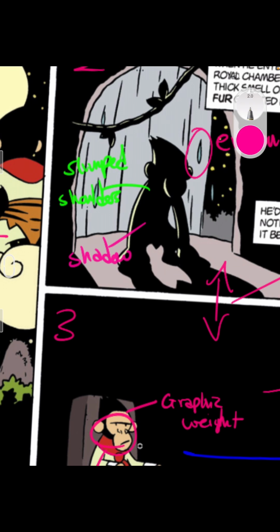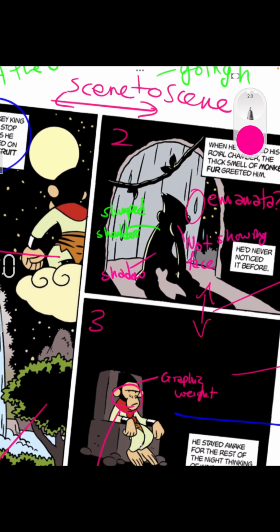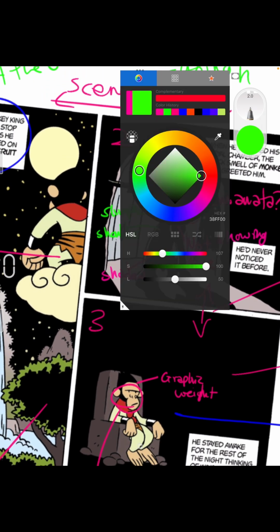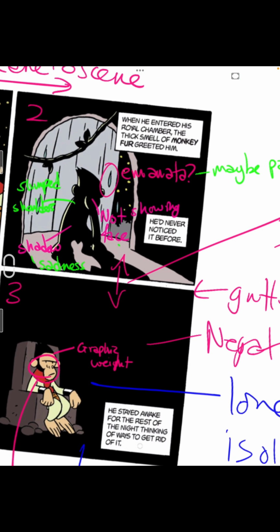That shadow and not showing face, right? And those are important things. And I'm going to now switch back to my green because that's my annotation, my decoding. And I'm going to say that the shadow represents sadness. And I'm going to say not showing the face, hiding emotion.